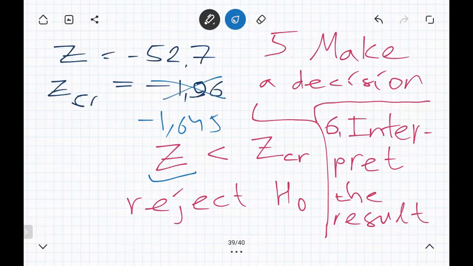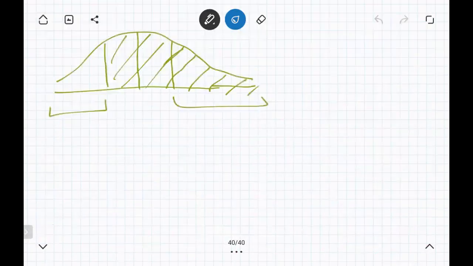But sometimes you might have something like your Z is 1.8, and when you use a one-tailed test, it's a rejection. And when you use a two-tailed test, it's not a rejection. So always be mindful of what kind of test you are doing. So let's make a break now. And after the break, we will do one more example, which will be two-tailed, and maybe it will be with T statistics instead of Z statistics.